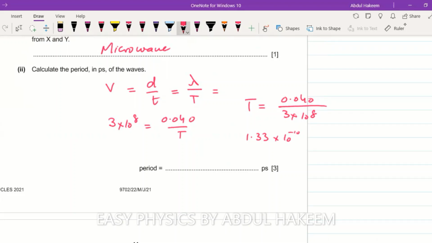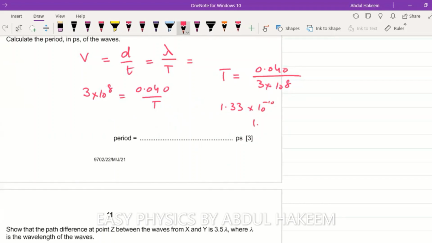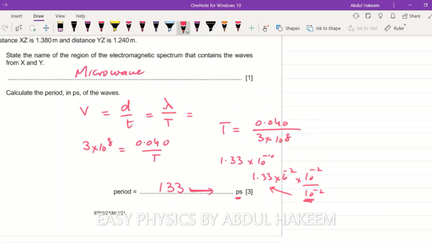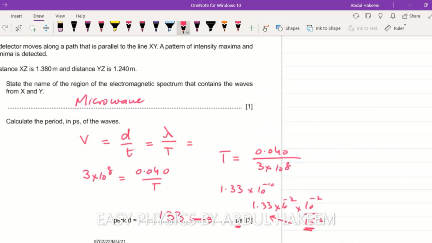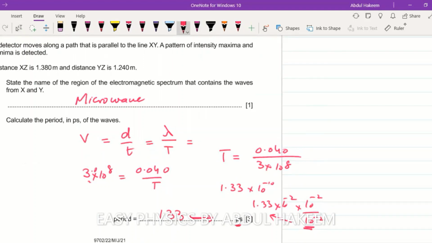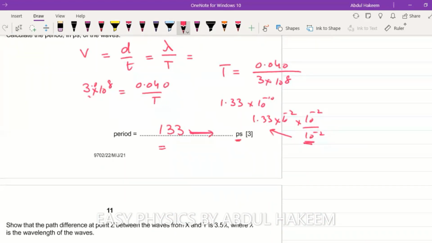When we convert this into pico, it becomes 133 × 10⁻¹², and this 10⁻¹² is already the picosecond. Look, this is in two significant figures, as there is 3.0 × 10⁸, two significant figures. So you can also write it in two significant figures, 130.